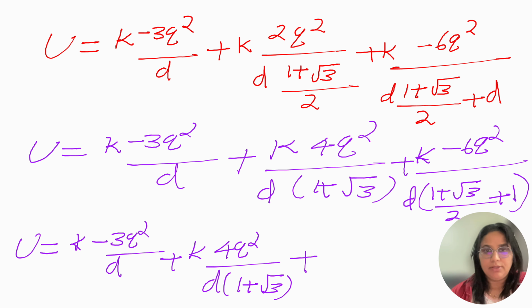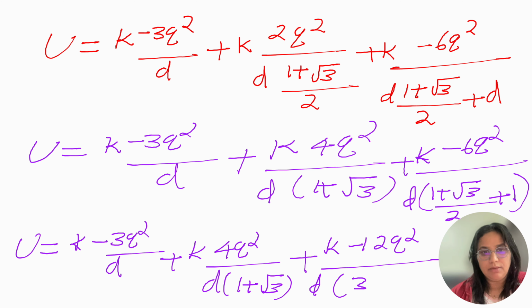What do you get? 2 into 6, so K into minus 12q square divided by 1 plus root 3 plus 2. So it becomes d into 3 plus root 3.